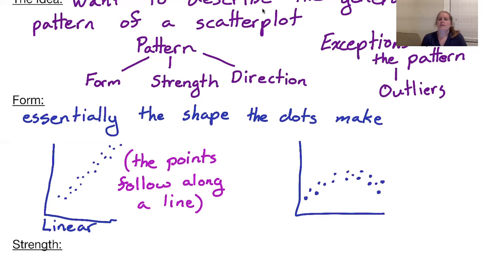So in this case, the dots start off kind of looking like a line, but then they curve back down. So this is nonlinear. It's curved. So the form is sort of the overall shape pattern that the dots seem to make.